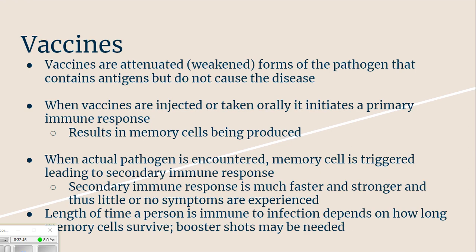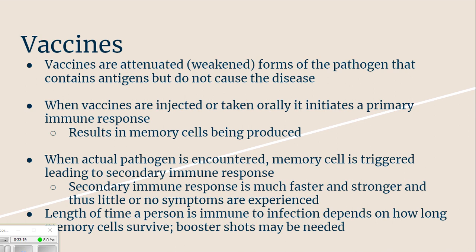So the other thing that we'll touch on now is this idea of vaccines. This is kind of using our immune system, or priming our immune system, to protect us against certain types of pathogens. A vaccine is an attenuated form of a pathogen. And when we say attenuated, we mean a weakened form of the pathogen that contains antigens but does not cause the disease.